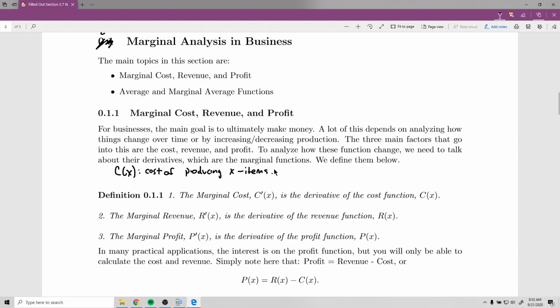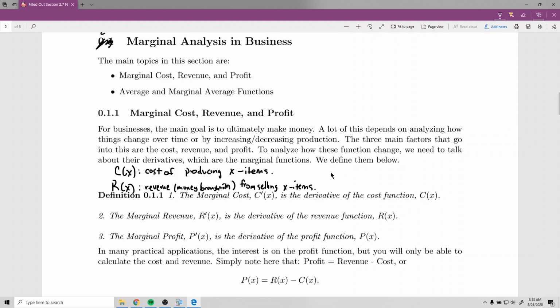So, whatever you're making, if it's shirts, C of 10 would be the cost of producing 10 shirts. R of X, the revenue, is how much money you bring in, so revenue, which is the money brought in, from selling X items.